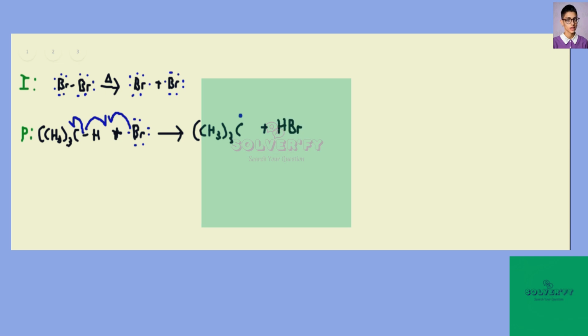Then our second part of the propagation step is going to be the carbon radical that we just formed reacting with an equivalent of bromine gas, or liquid bromine, as the temperature may dictate.